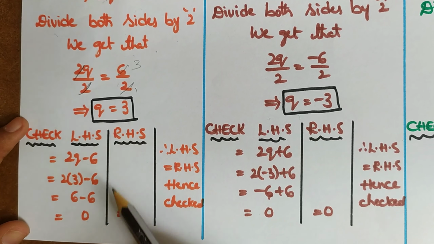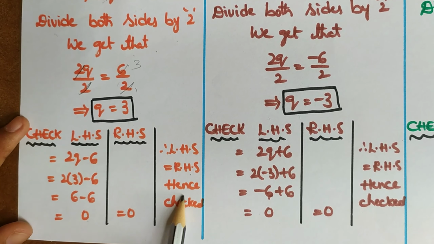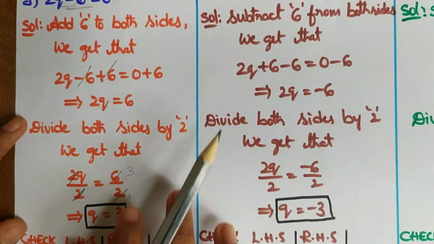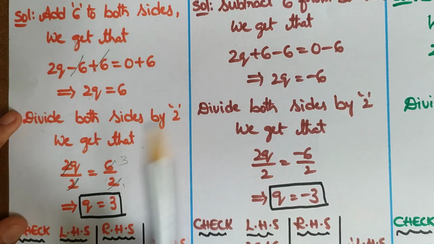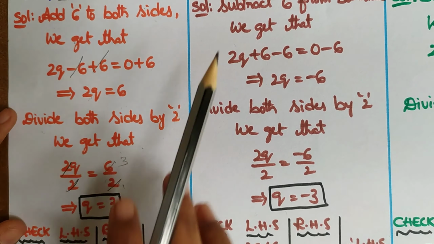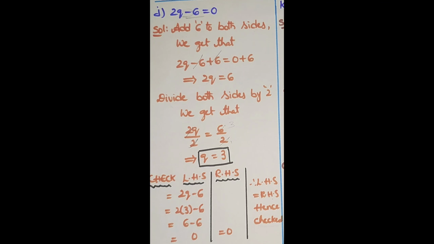LHS is 0, RHS is 0. Therefore 0 is equal to 0, where LHS is equal to RHS. Hence checked. So with this, 2q minus 6 is equal to 0, where q is equal to 3 is the right answer for this J bit.